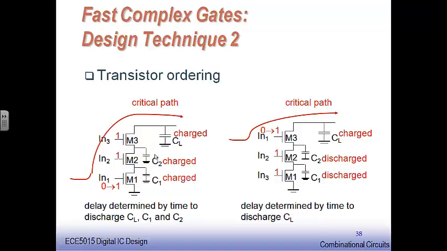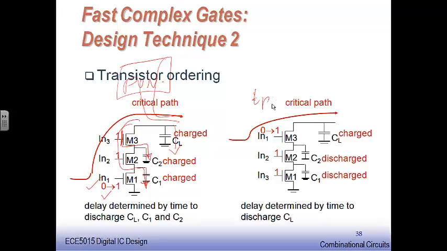With this structure, when I go for using the pull-up network, because my input is going 0 to 1, it crosses. Previously with the 0 input, I would have charged the CL fully, and with this permanent 1 on here, I would have charged C2 and I would have charged C1 also.